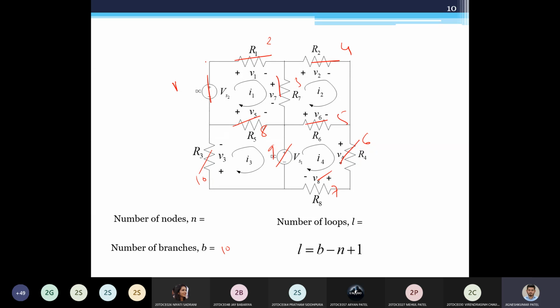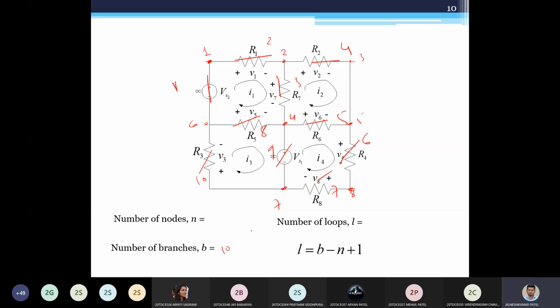Number of nodes. So this is my node. Let us say this is node 1, node 2, node 3, node 4, node 5. This is one more, node 6. This is node 7. This is node 8. I'll have 8 nodes.